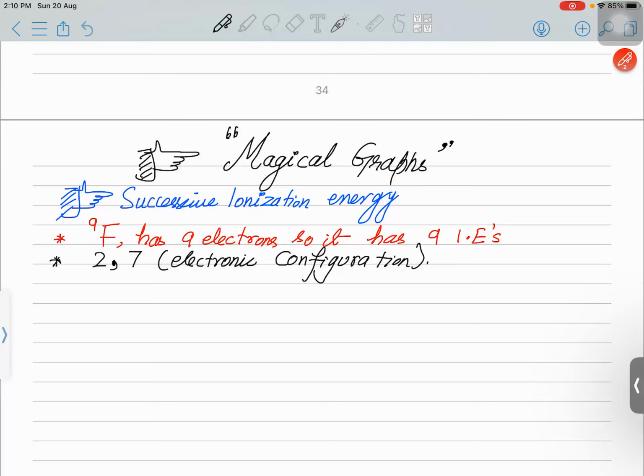Or we can say either from the valence electrons or from the inner electrons. Valence electron. So electrons are removed from the valence shell.